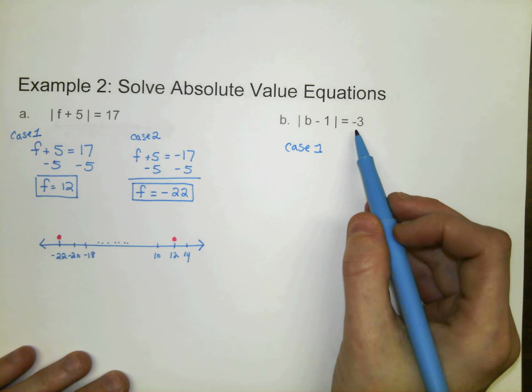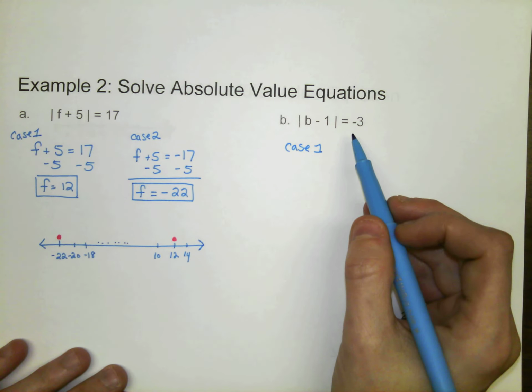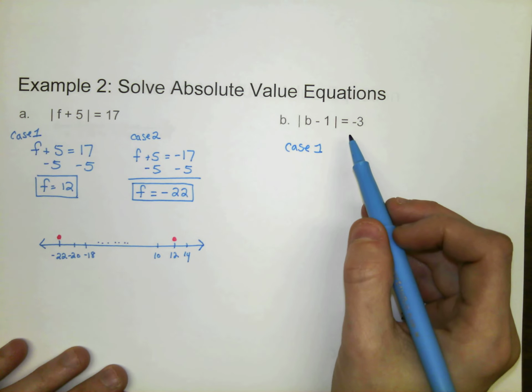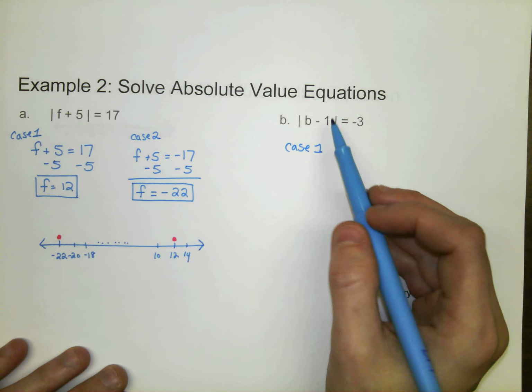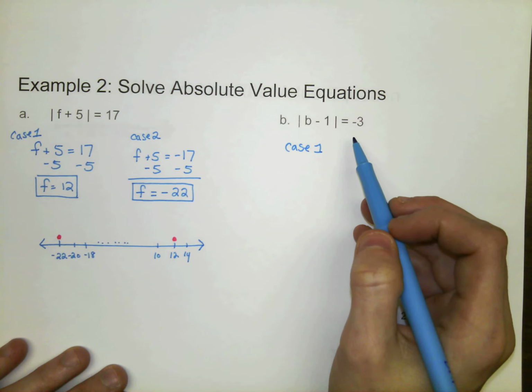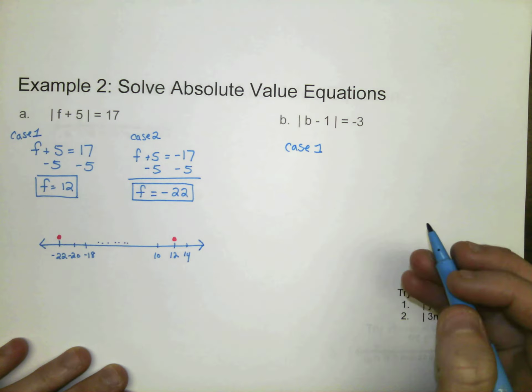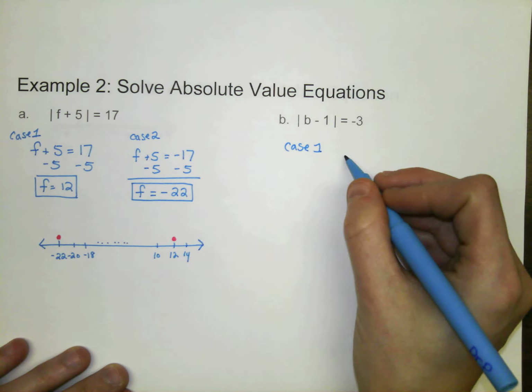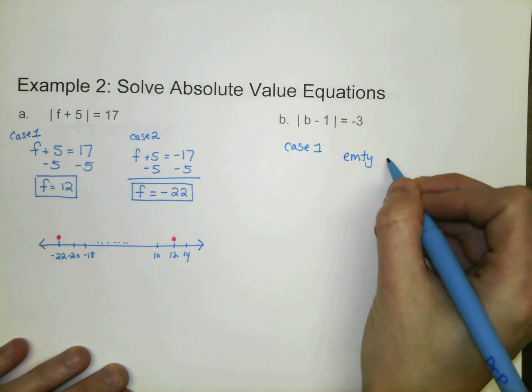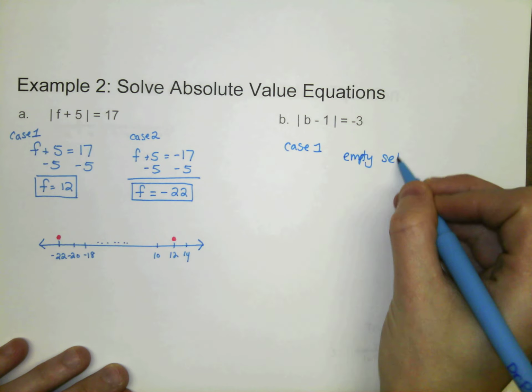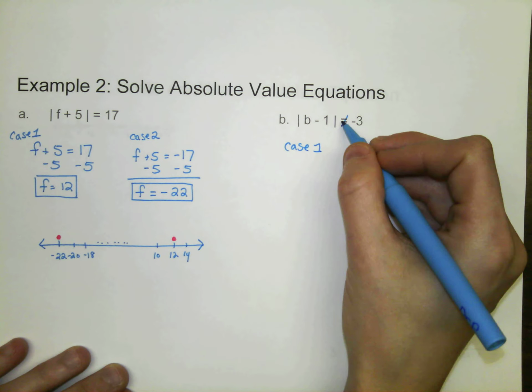Is this even possible? This would mean that the distance between b and 1 is negative 3. And since distance cannot be negative, this is an empty set. Empty set.